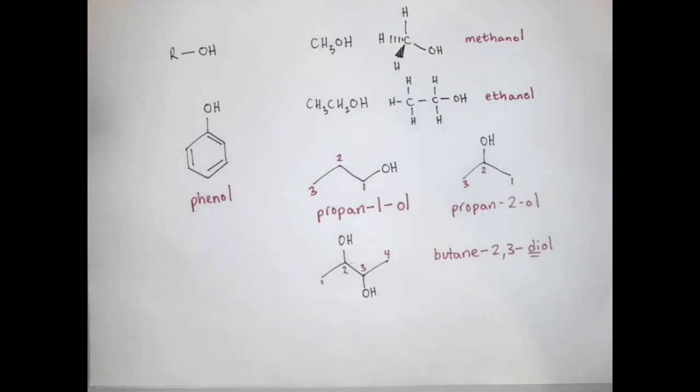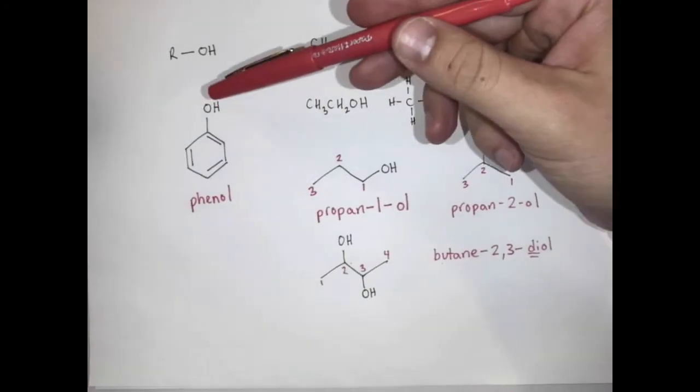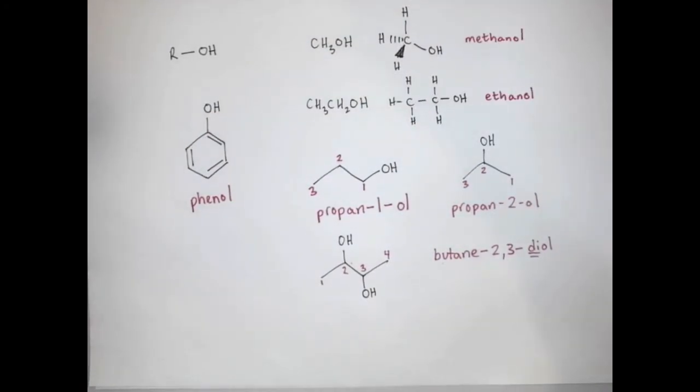And you kind of look at this and you think, well, why didn't they just call it benzol or something? Well, they didn't. They went with phenol. So if you see a benzene ring with one hydroxyl group coming off of it, that is referred to as phenol. That's just something that you're going to need to memorize.